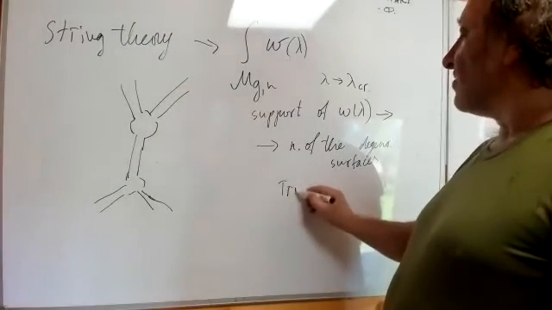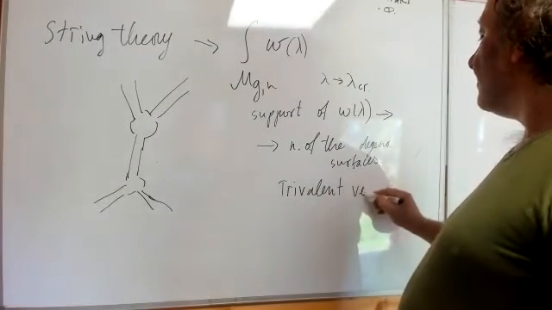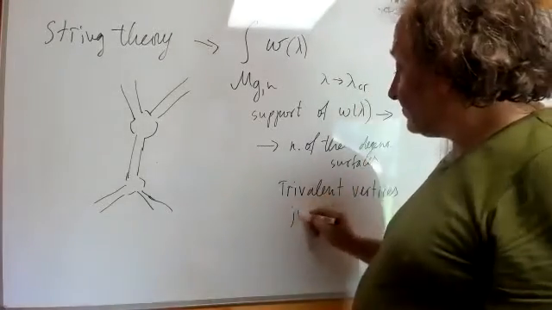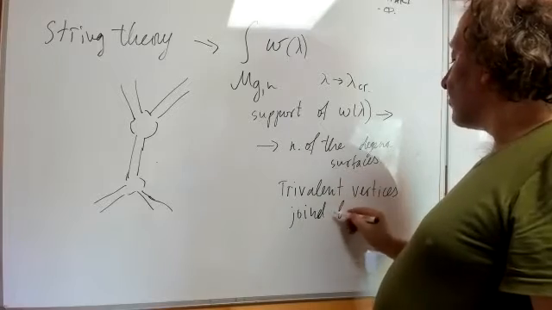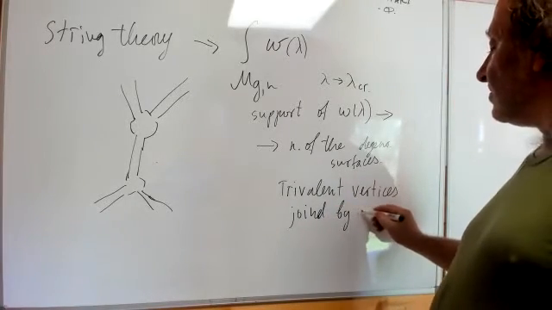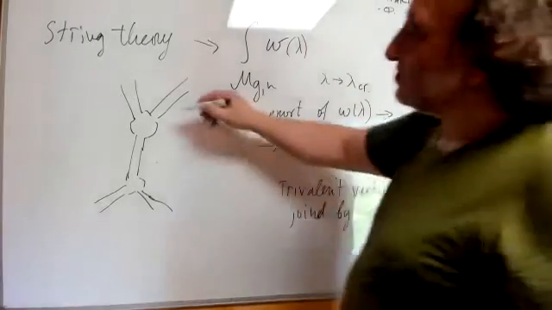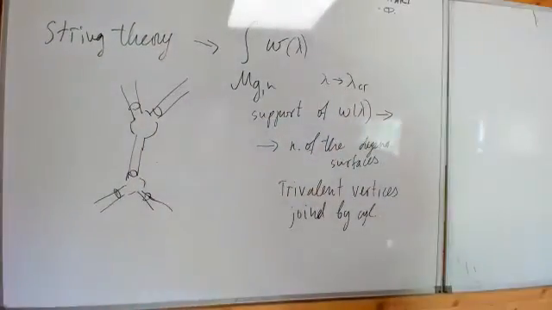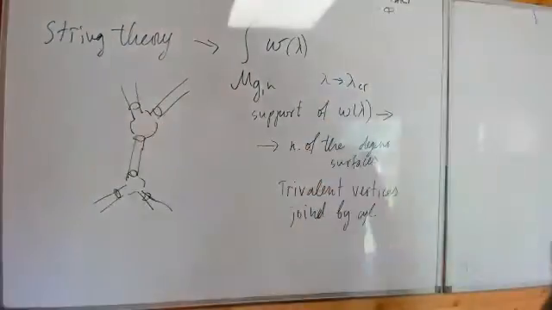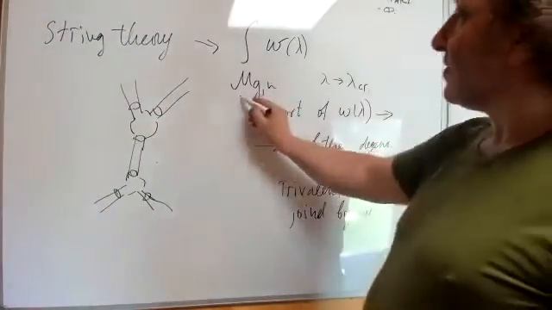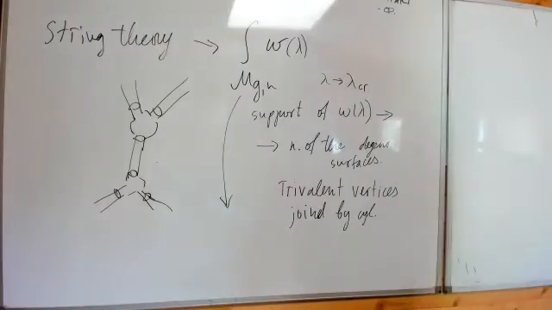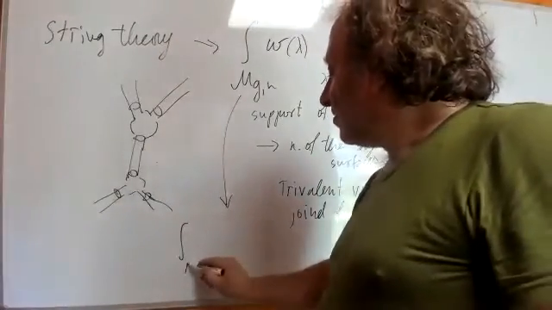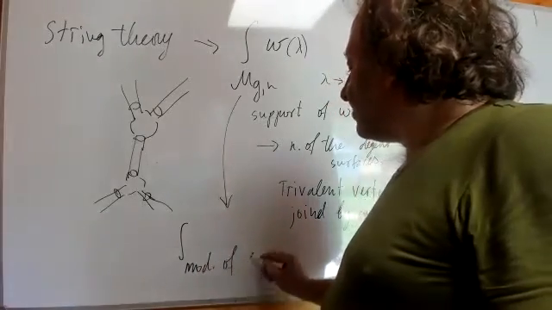They're just trivalent graphs, trivalent vertices, joined by cylinders. So this integral over moduli would correspond to integral over the moduli of cylinders.